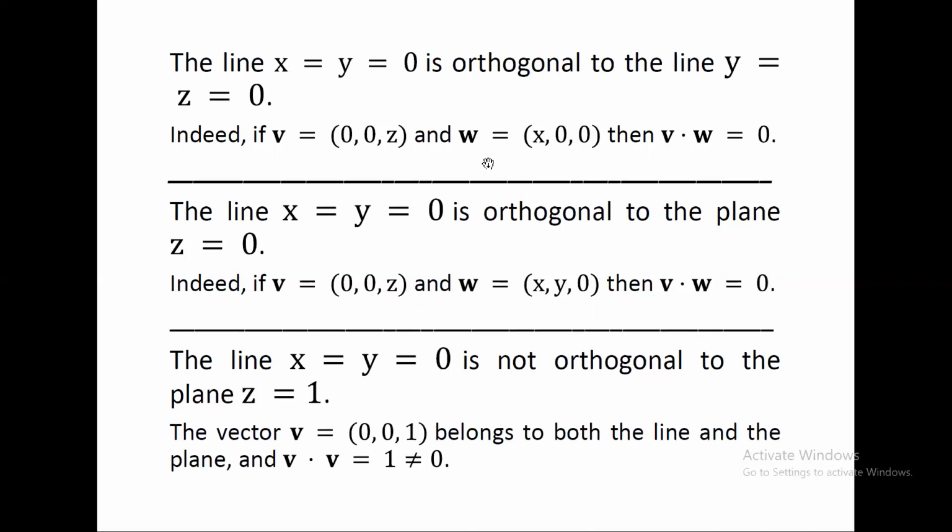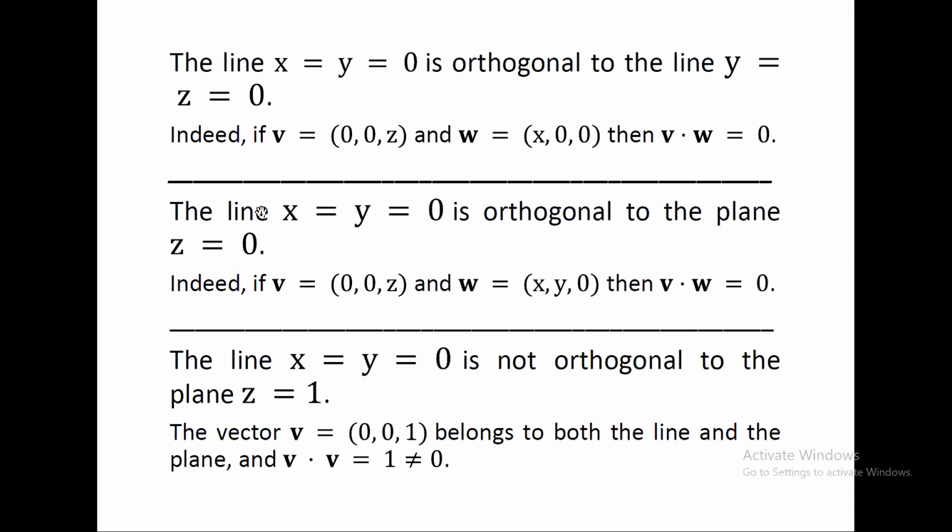Now if you take the dot product v dot w, 0 into x is 0, 0 into 0 is 0, z into 0 is 0. So the dot product is 0. Therefore, v and w, the two lines, are orthogonal to each other.